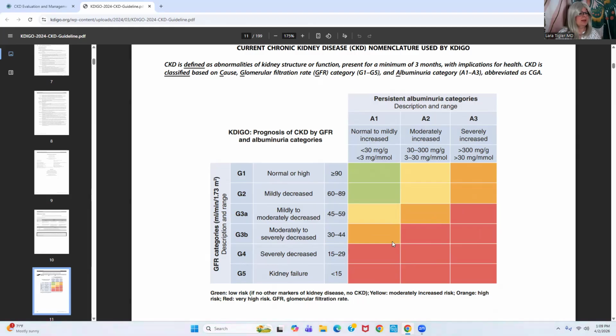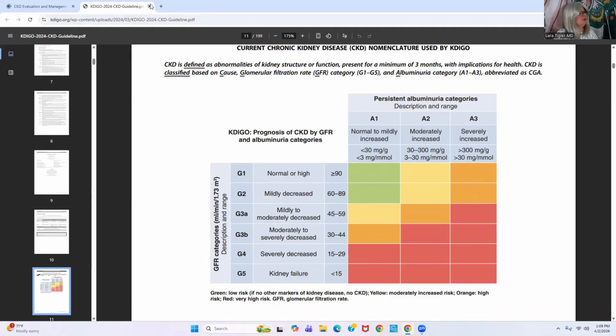So here in the red, these patients, as I mentioned in prior videos, can benefit from the relatively newer medications that we have out, the SGLT and the GLPs. And I have made some videos on just those medications as well. S as in Sam, G as in go, L as in Larry, T as in Tom, SGLT. And the GLPs, I think most of you are familiar with those because they're in the news all the time. That's like the Ozempic type of medications.